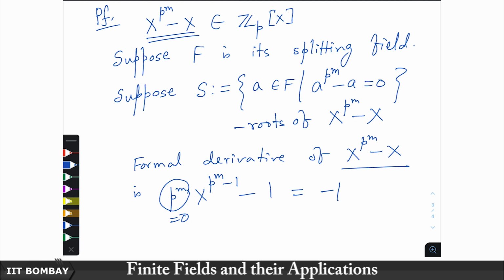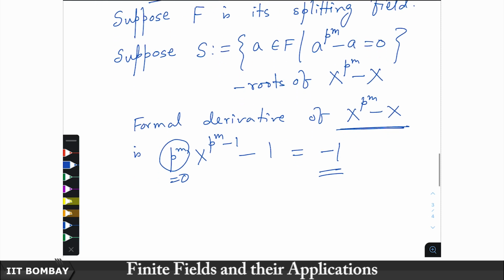And so, this formal derivative is a constant, and it has no common factor with the polynomial x power p power m minus x.